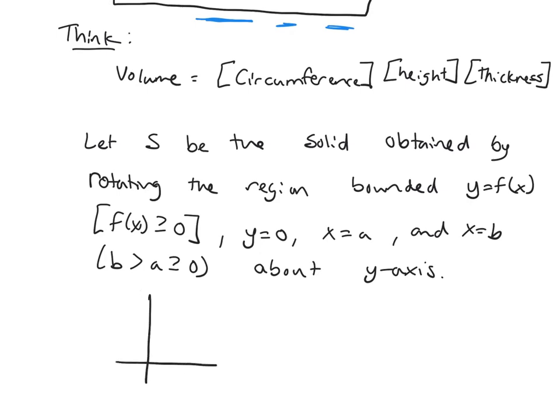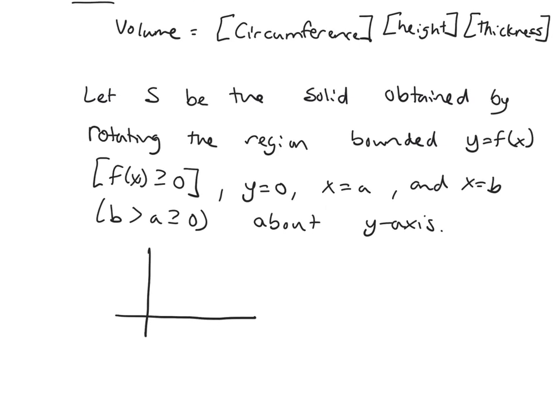So the picture is that I'm looking between a and b for x. My function is positive, so it's in the first quadrant here. So let's say my function f of x looks like this, and I'm only looking between a and b.